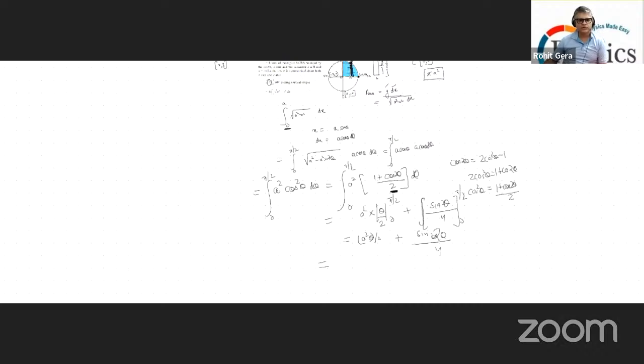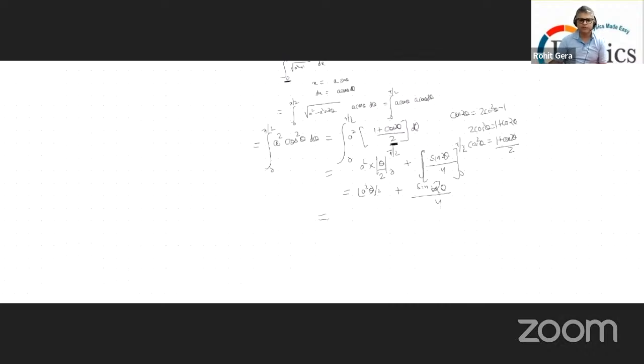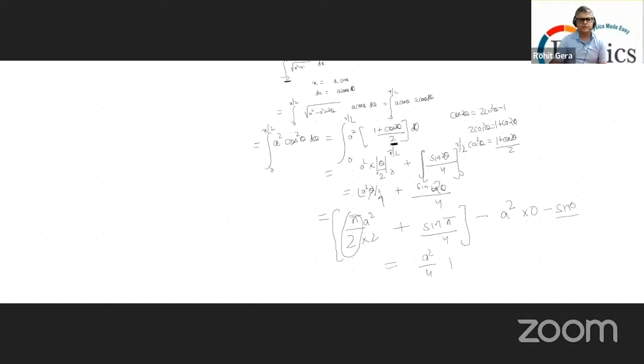First let's put 0. So this will become 0. If you put pi, sorry, we'll put pi by 2 first. So this will become pi by 2, a square by 2, theta is pi by 2, plus sine pi by 4, minus a square into 0 minus sine of 0 by 4. So sine pi is also 0, this is also 0, this is also 0.